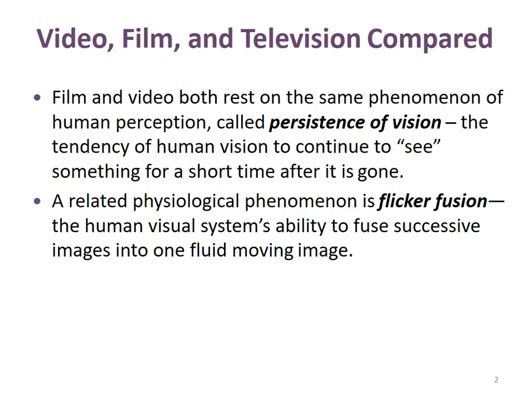We use the phenomenon of persistence of vision, because when the time between each frame is very short, our human vision tends to continuously see things happen one by one.